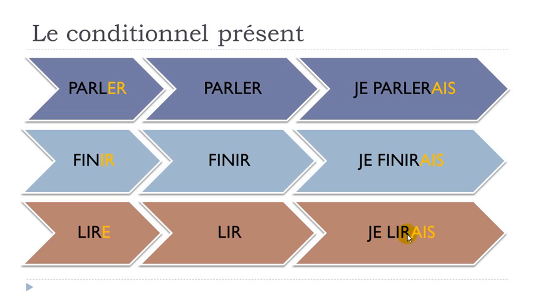Je lirais. All right, so the rule goes like, if you've got a final e then you take it away. You've got your form here, L-I-R, and then you add your ending, A-I-S, je lirais. Okay, so you've got 3 forms here, and they're actually the conditionnel présent forms. Je parlerais, je finirais, je lirais. Okay, parler is to talk or to speak, finir to finish or to end, lire to read.